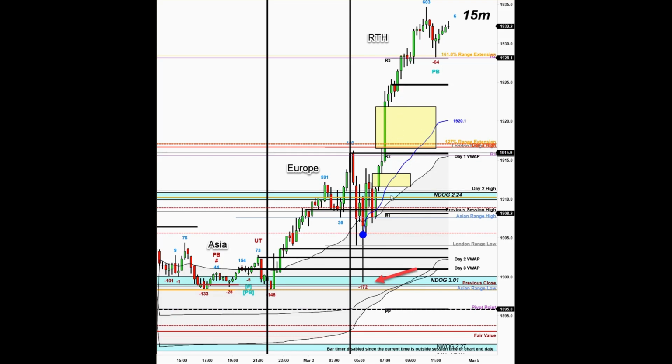And I'm looking here, price this day one volume weighted average price. You can see how even through the Globex, price really through Europe stayed above it. And then when we went below it with this candle wick and started going above, that was the tell right there.